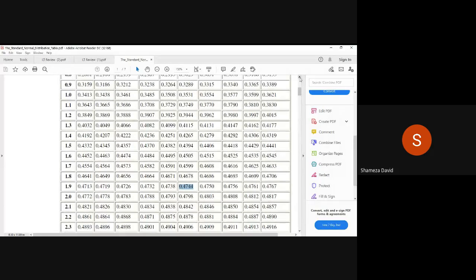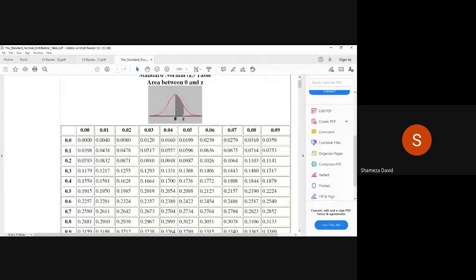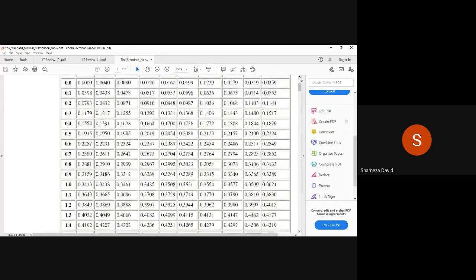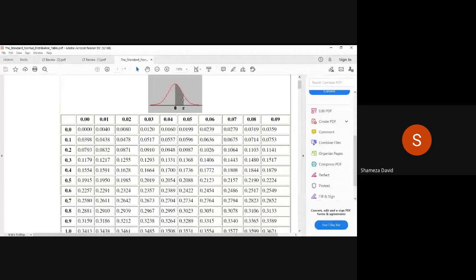Now, if we want the area to the left of 1.95, we take that 0.4744, which is what you'll get on this side, but remember we want to the left, so we're taking the entire rest of the curve. I'm going to add that to 0.5 because we already know this half is 0.5, and the table tells us between 0 and 1.95 is 0.4744, so we will add the two, and that will give us the area to the left of that value.